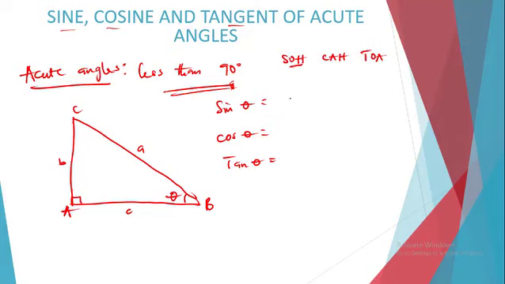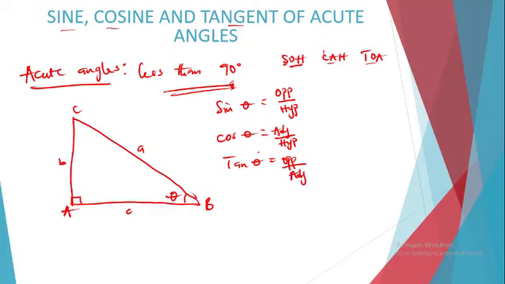SOH means sine, and it tells us that sine is equal to opposite over hypotenuse. CAH means cosine, and cosine is adjacent over hypotenuse. TOA means tangent, which is opposite over adjacent.